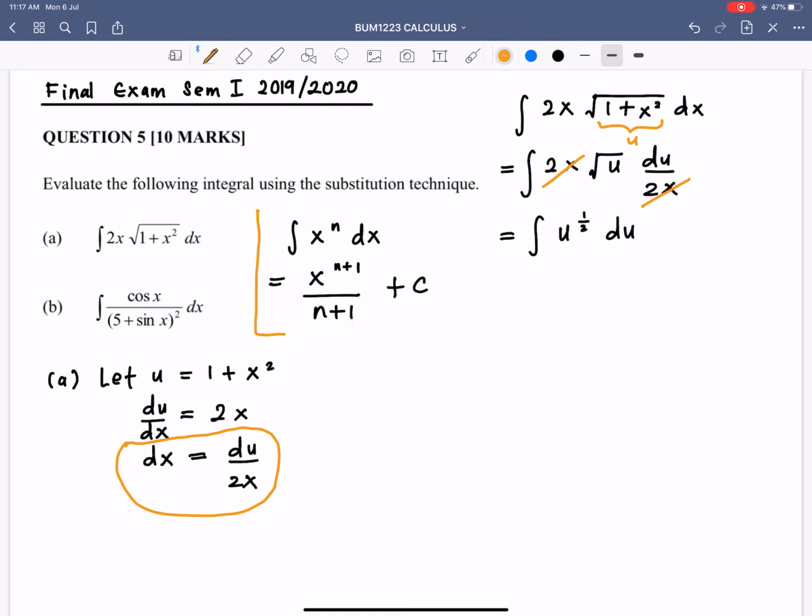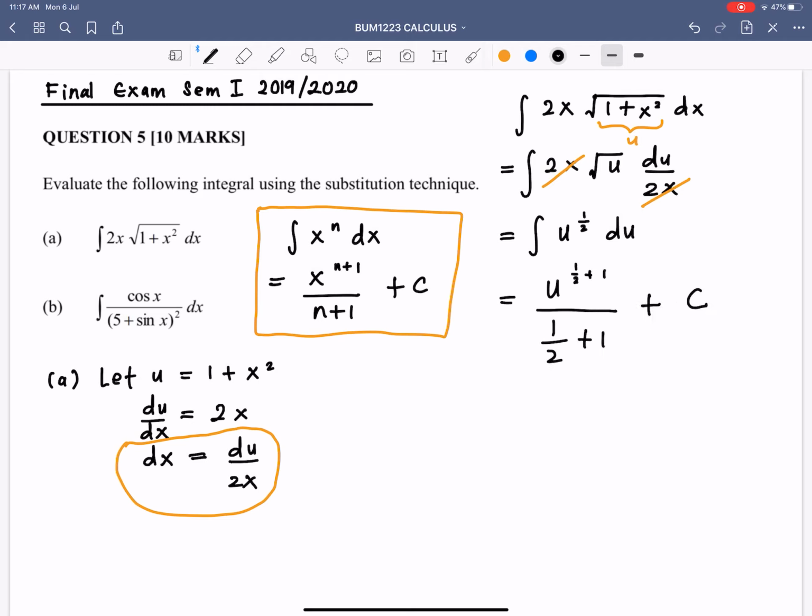This formula can be obtained from your formula book, but it is a very basic formula of integration. So this is equal to u to the power of 1/2 plus 1 over 1/2 plus 1, plus c.